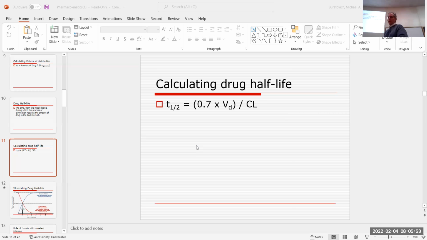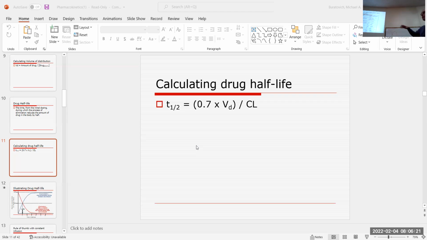Now think about this with me. If you administer a drug intravenously, what percentage of that drug reaches the circulation? 100%, by definition. So the bioavailability of intravenous drugs will always be 1, always 100%.